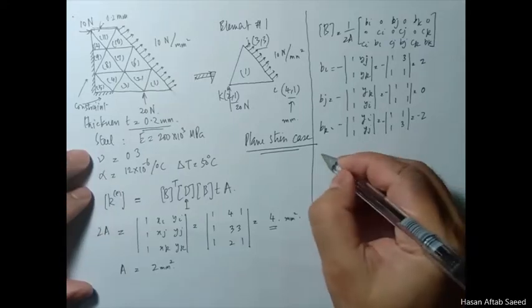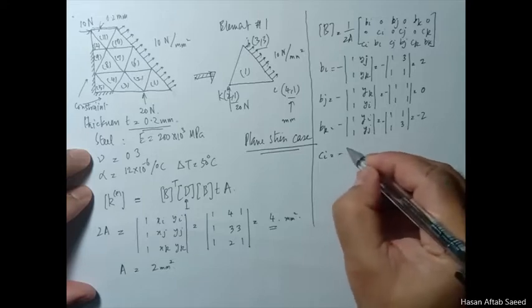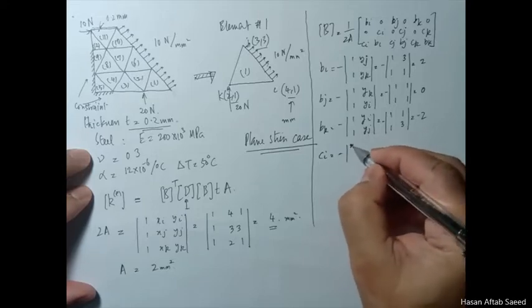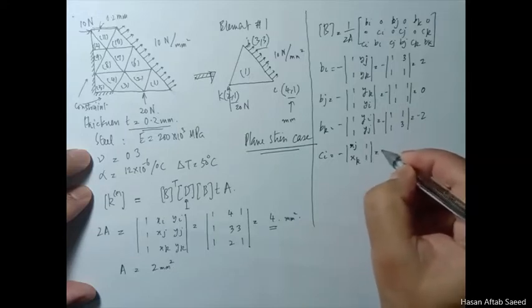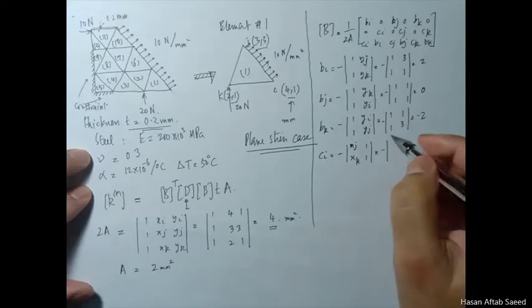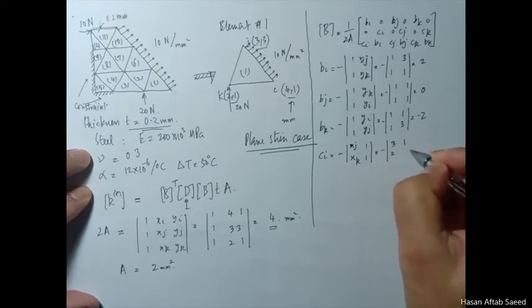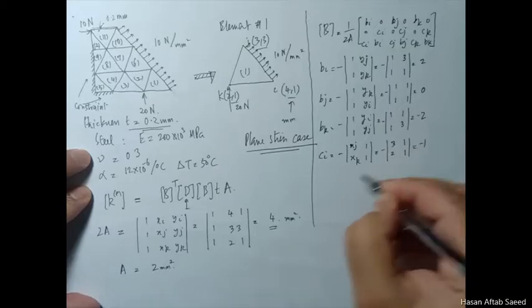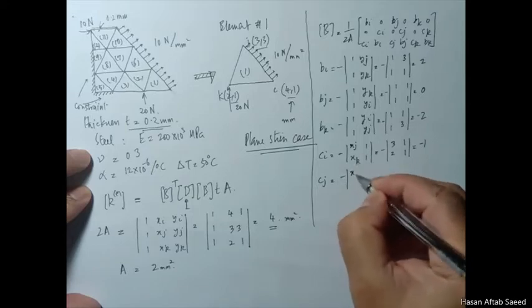Similarly for c, again recall the formulas. This is -1. For cj, we'll start with k.